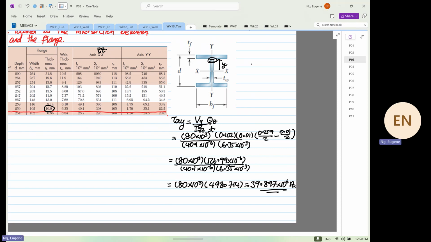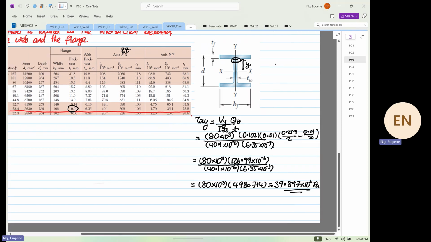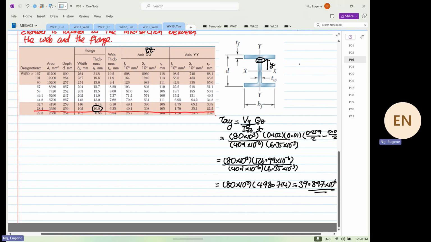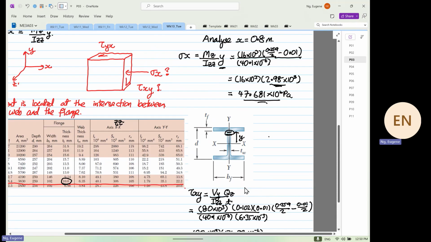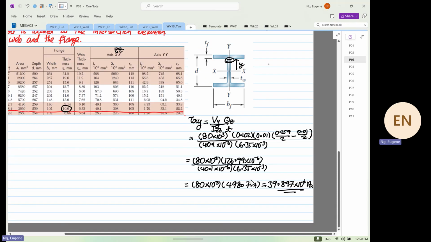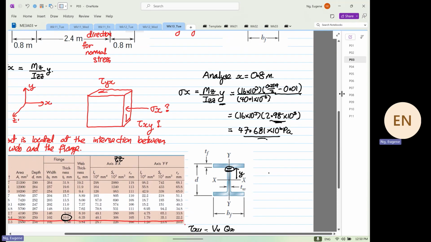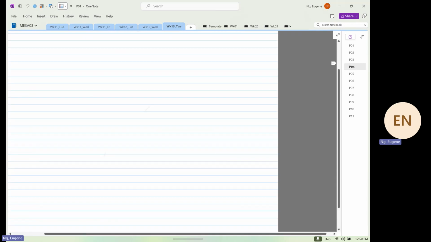Okay, so we have all these values now. I'm just going to put everything together. So we know that when x, bear with me, okay?